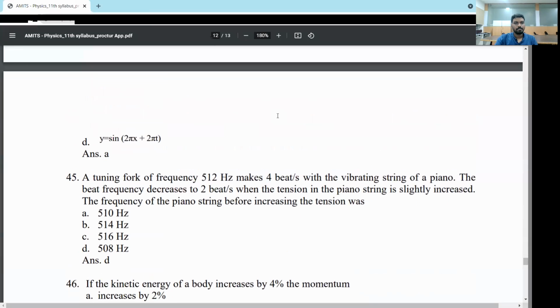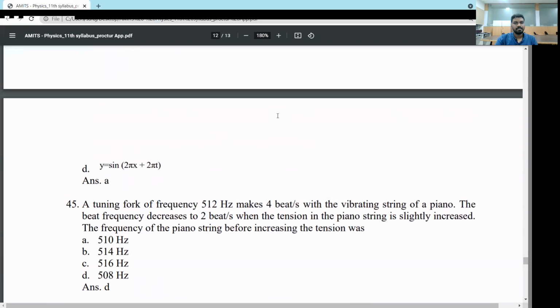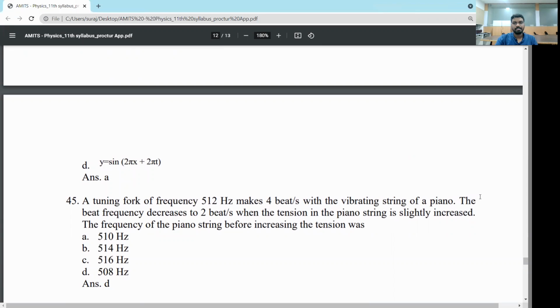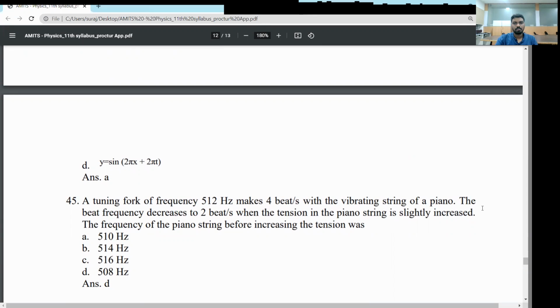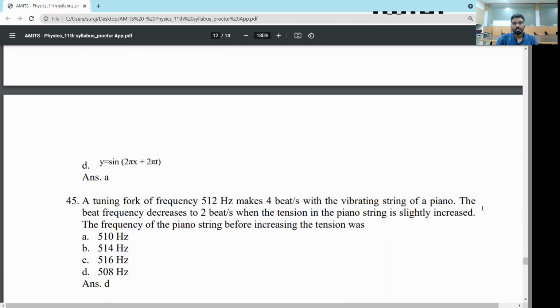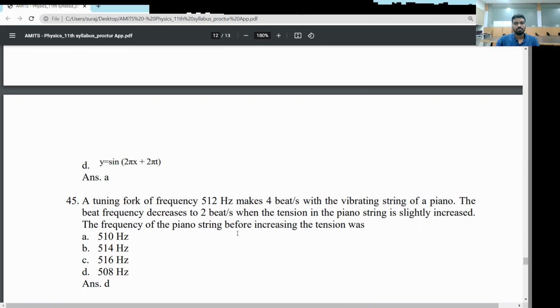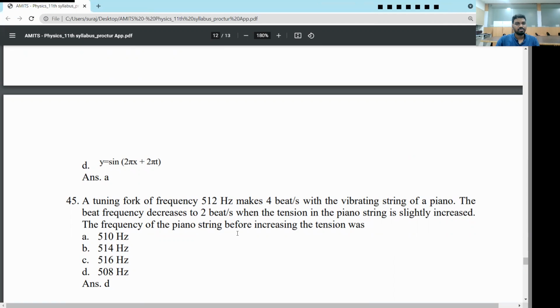A tuning fork of frequency 512 Hz makes 4 beats with the vibrating string of a piano. The beat frequency is 2 beats when the tension in the piano string is slightly increased. The frequency of the piano string before increasing the tension was.